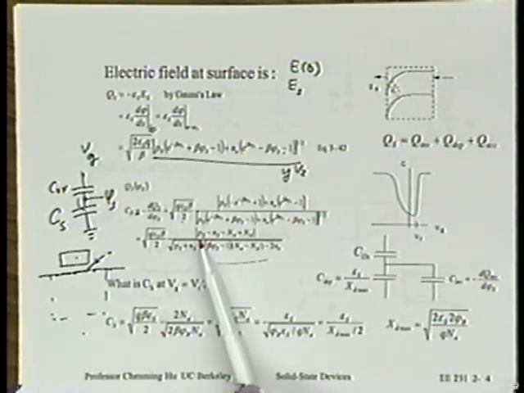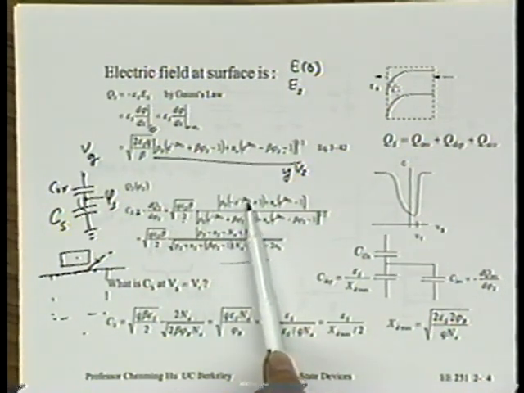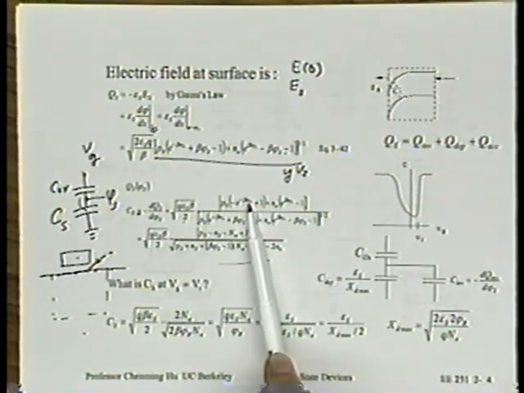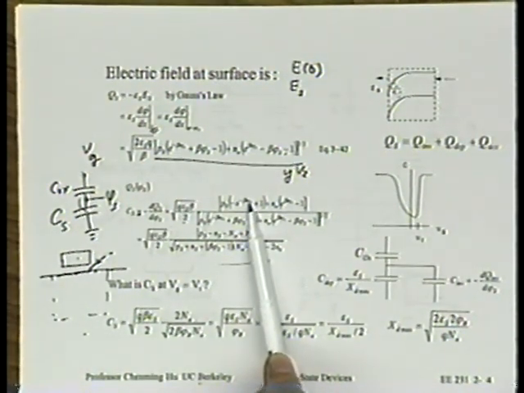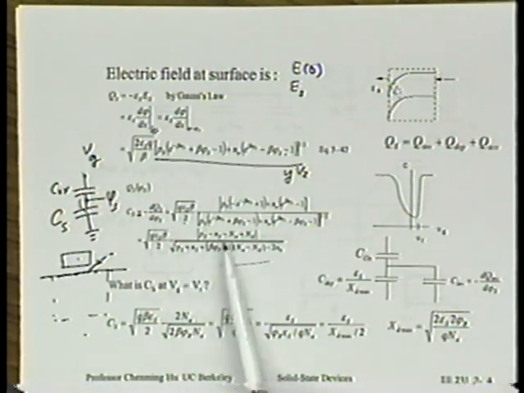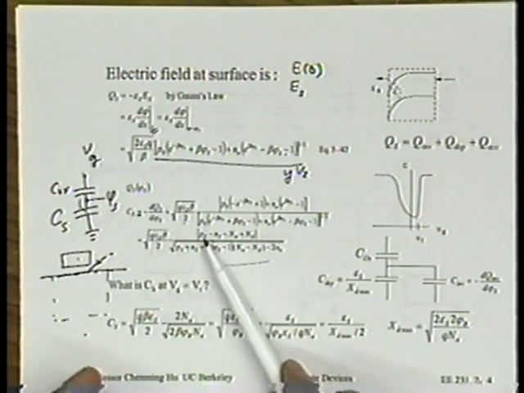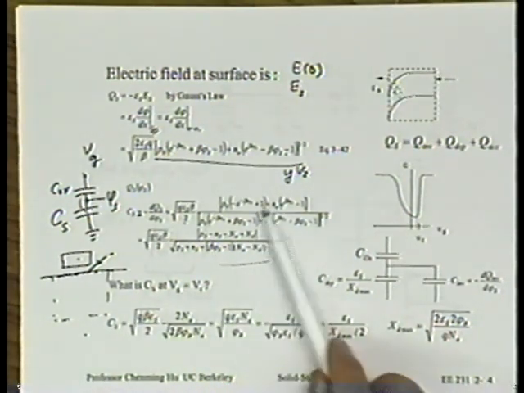We reviewed that the hole concentration at every point is equal to the equilibrium concentration times exponential minus β times the potential at that point. So at the surface, we simply put the potential at the surface here. This last step is really just substituting ps and ns for those exponential terms.